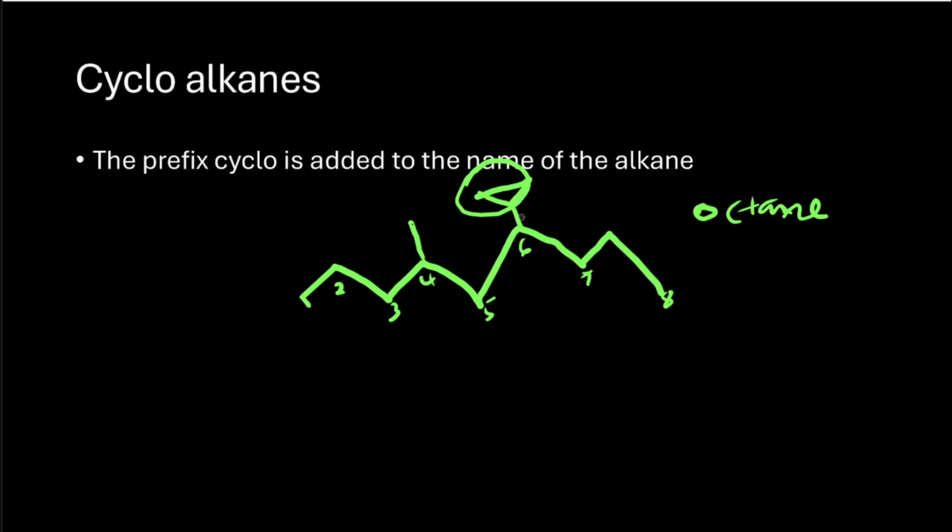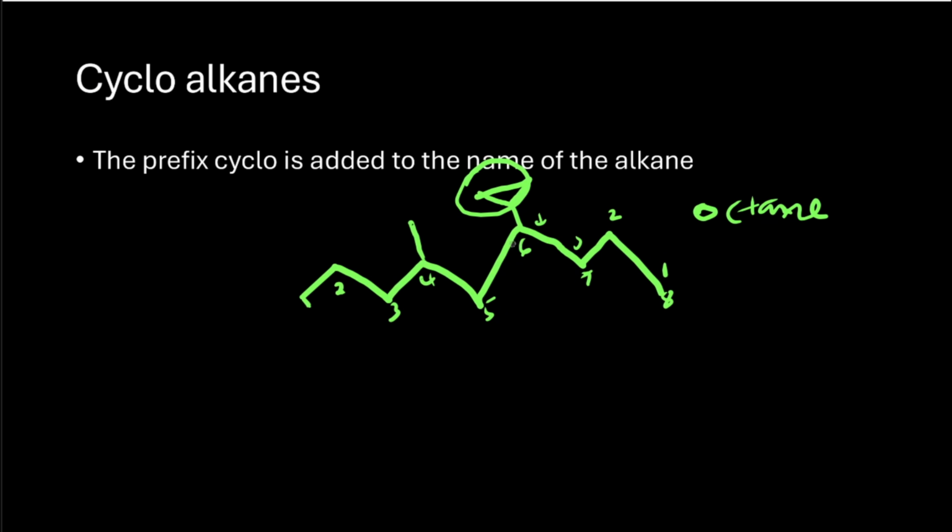Then we assign locations to the substituents. And so we give the least possible number to the substituents closest to the end of the longest chain. And so when we start counting from here, we have 1, 2, 3, 4. And then if we should start counting from here, we have 1, 2, 3.